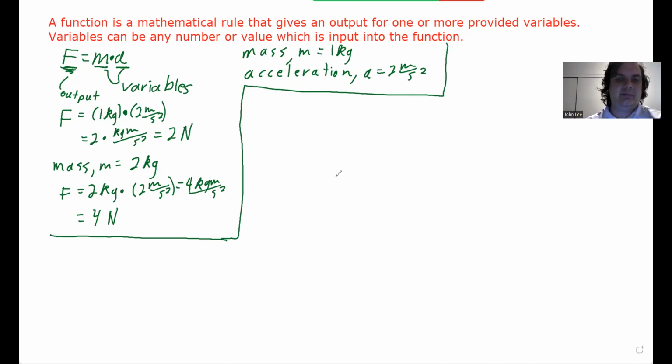So as another example, we have the equation that V average is equal to distance divided by time.